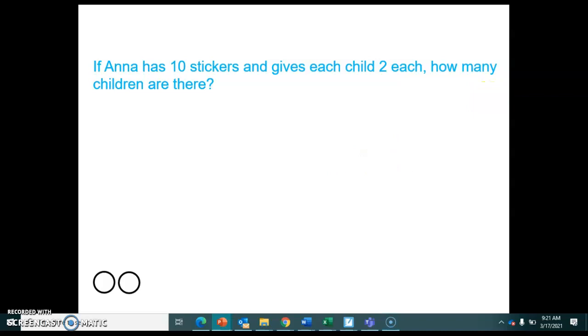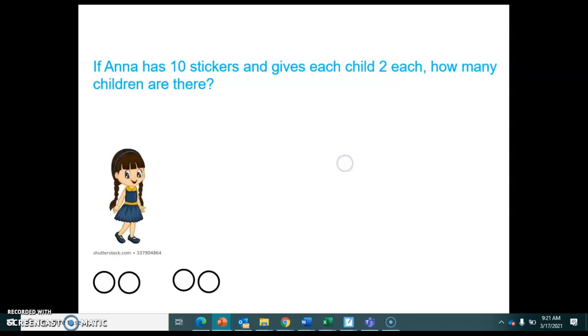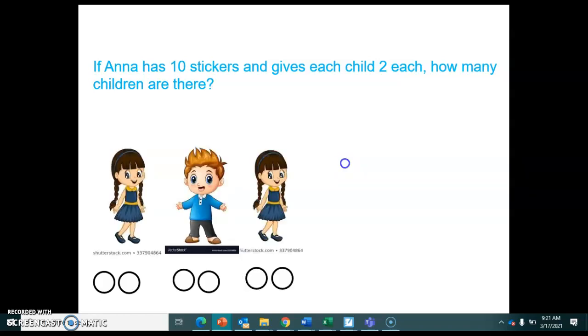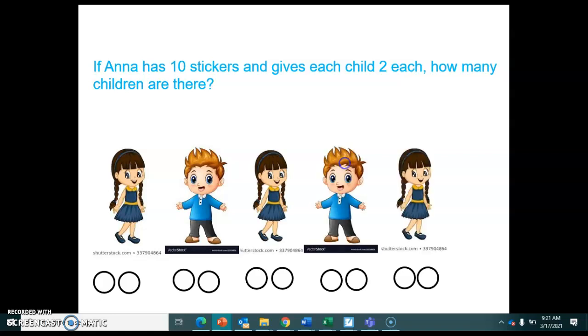So that's how many are in each group. So therefore we found out that we need 1 group, 2 groups, 3 groups, 4 groups, 5 groups. So that's what I'm saying when we look at how many groups there are or how many are in each group. That's the bit you've got to think about when you're reading the question.